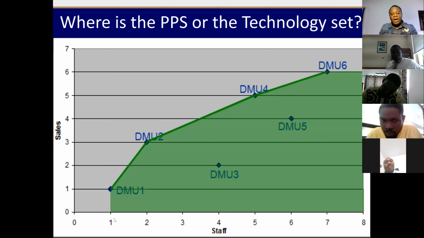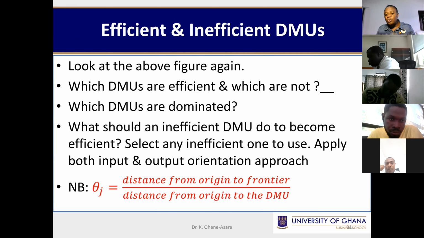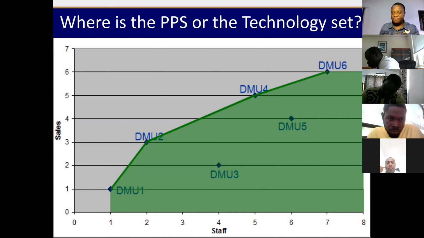The origin is where the zero is, but because the horizontal and vertical lines indicate zero, the movement will be along the zero line.